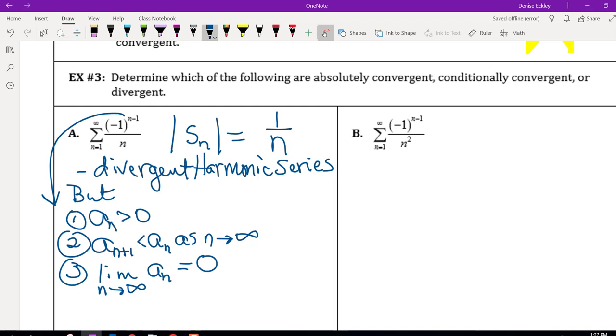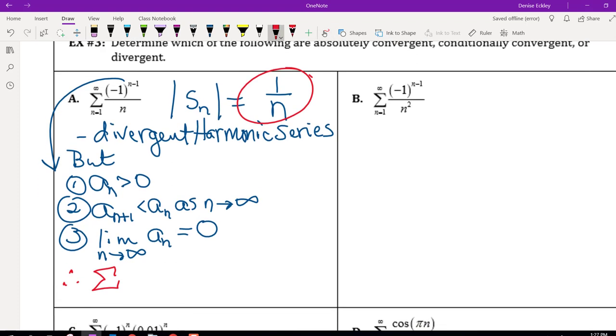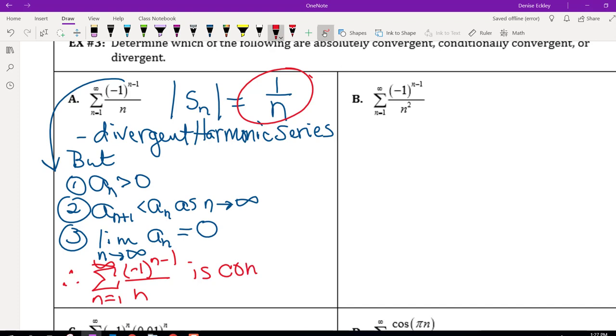So it meets the conditions for a convergent alternating series. So it's just not absolutely convergent because the absolute value of it does not converge. So therefore, we can say that the series that we're given here is conditionally convergent.